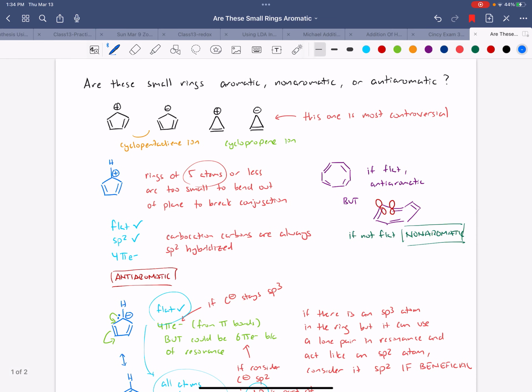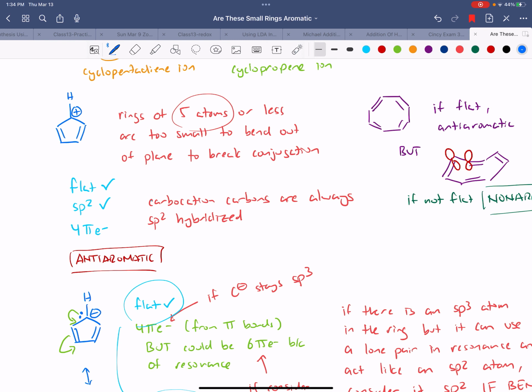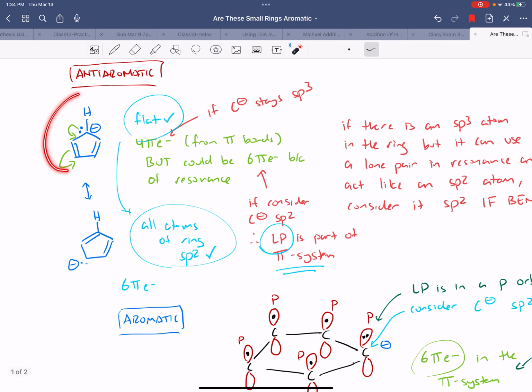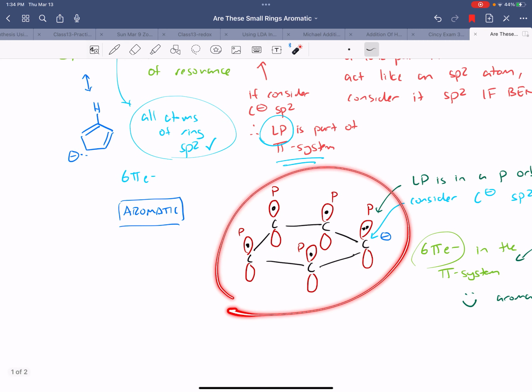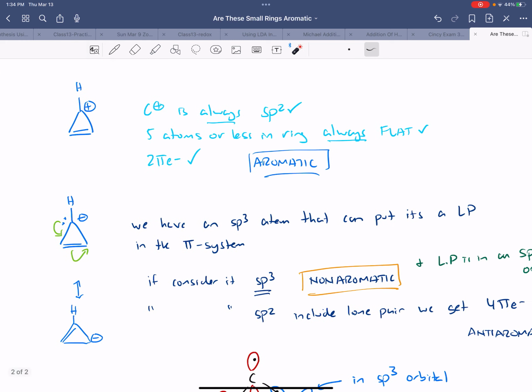Okay, if you're making note cards, the first one, anti-aromatic. Second one, this one here, aromatic. Okay, it doesn't matter which one you draw. Know how to draw the orbital picture to prove that we want that lone pair part of the pi system. The third example, clearly aromatic. That was one of the easier ones. Let me double check.